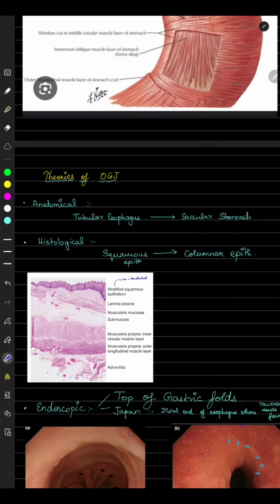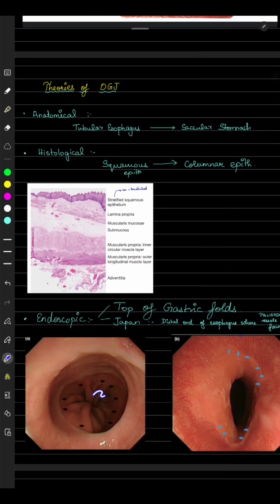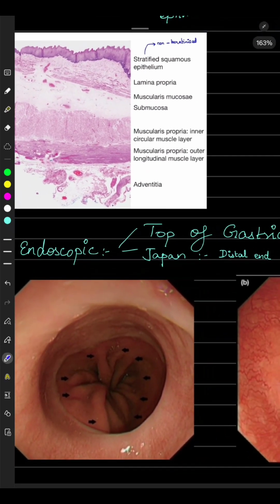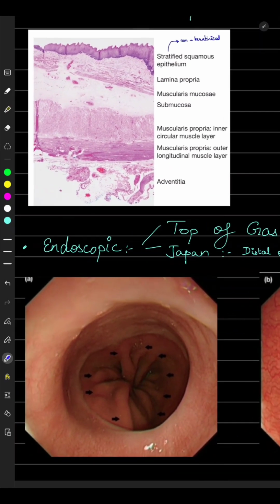Now coming to the two important ones which we'll use in endoscopy: the rest of the world agreed with this, and the Japanese people told this. Second, what the other people said was that endoscopically the gastroesophageal junction is where the upper ends of the gastric folds end.